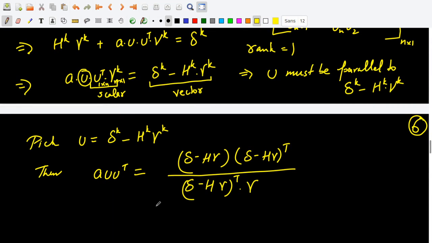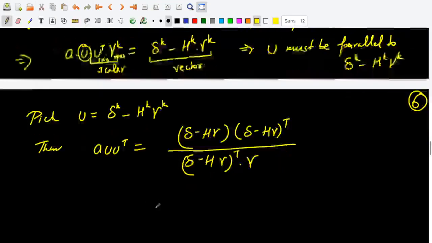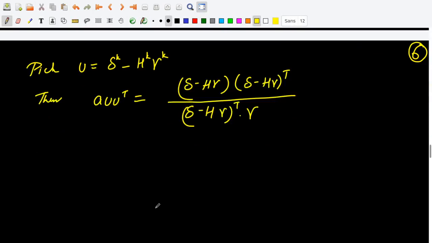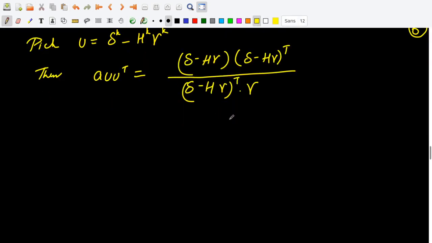Okay, so be careful about the dimensions, and also be careful in writing these expressions, because it's very easy to by mistake write delta in terms of gamma and gamma in terms of delta. So be a little careful here.